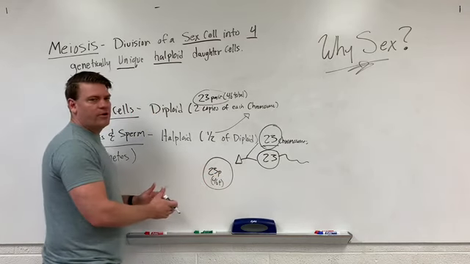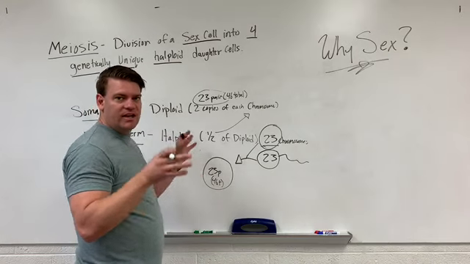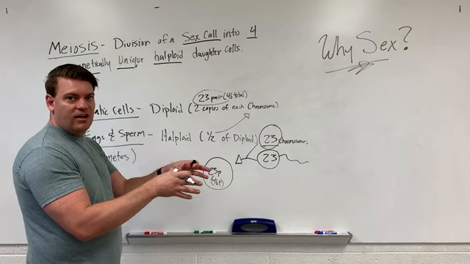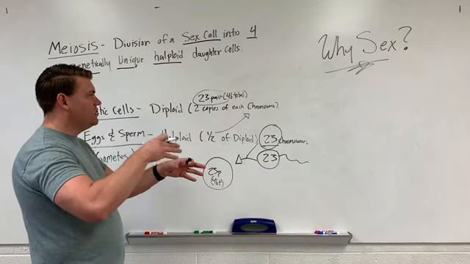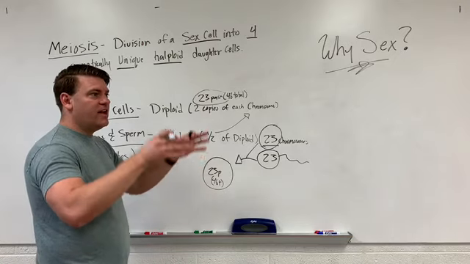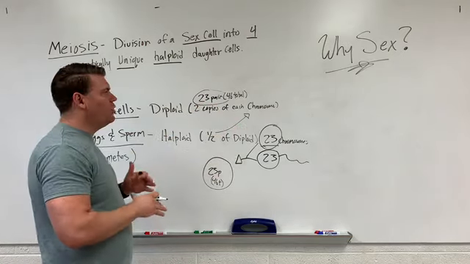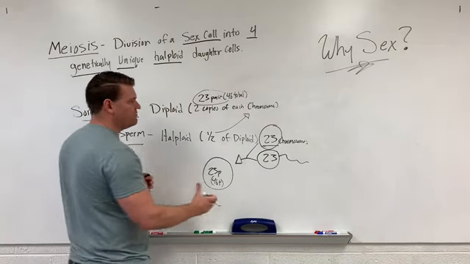Otherwise, if we were doing diploid, we would be sending 23 paired each, and then that next offspring would have 46 paired, and then 92 total, and then the next offspring would have double that and double. So we want all of our offspring to have the same amount of chromosomes moving forward.